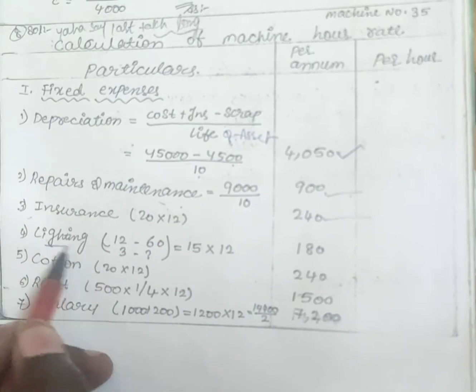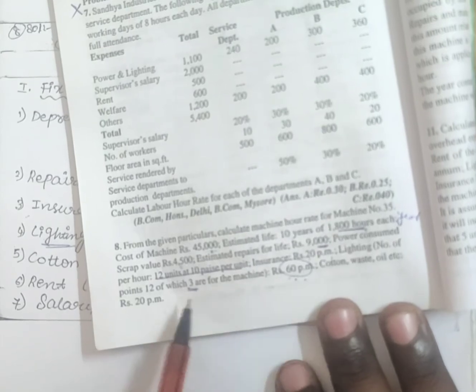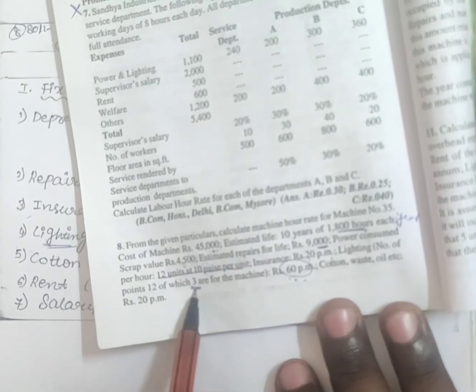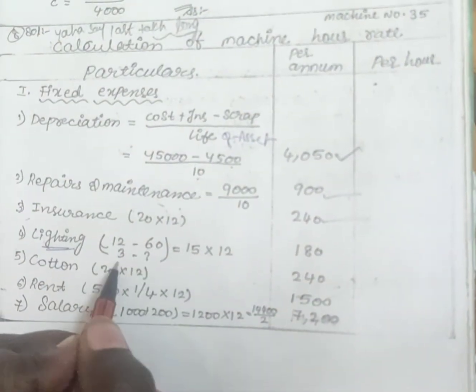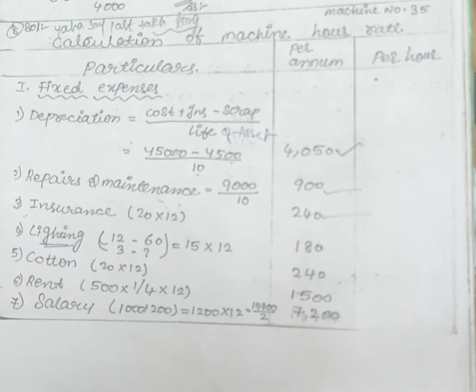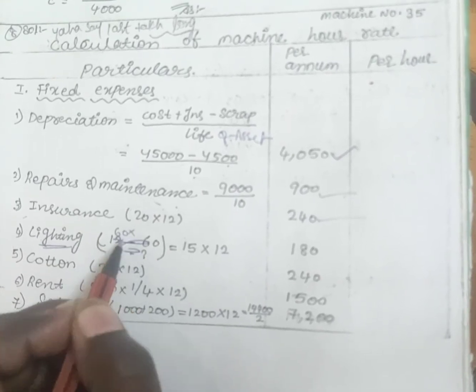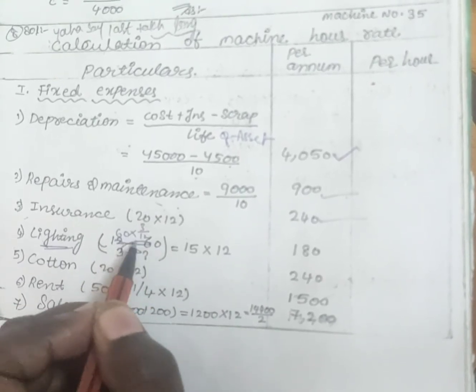Next, lighting. He told that the total lighting expense is 60 per month, but in that only 3 points were used by the machinery. So we can do 60 into 3 by 12. Why?